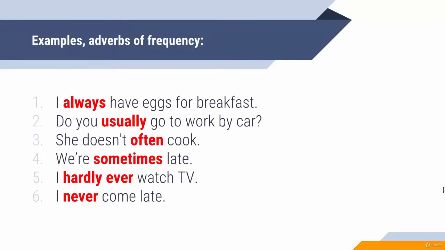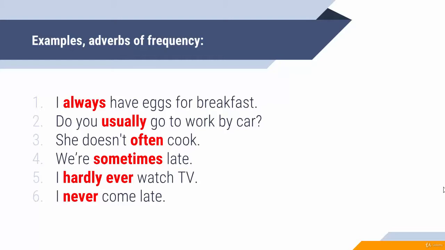And here are some examples of adverbs of frequency in sentences. I always have eggs for breakfast. It means that I wake up and every morning what I do is eggs for breakfast. And it's really true. After that, do you usually go to work by car?